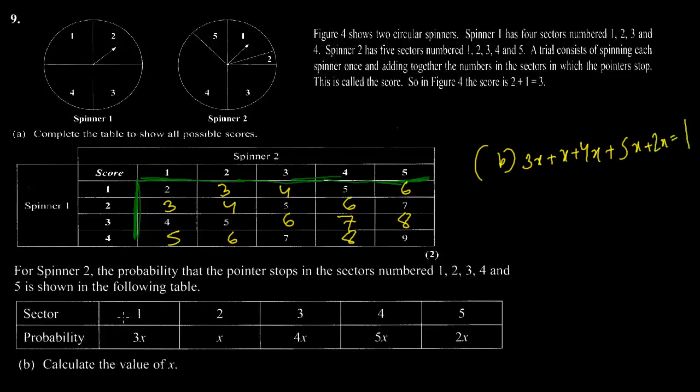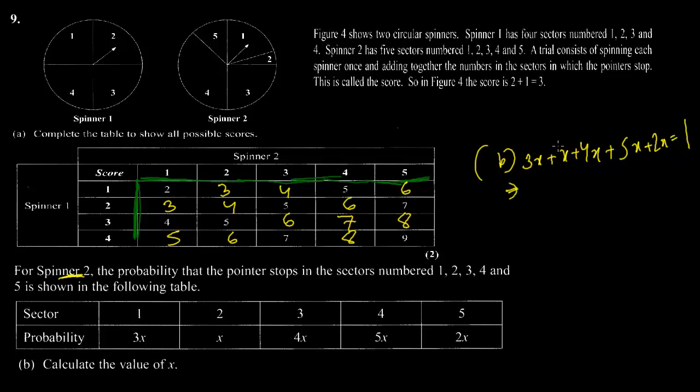Let me repeat. They're saying for spinner 2, the probability of getting a 1 is 3x, a 2 is x, a 3 is 4x, a 4 is 5x, and a 5 is 2x. Then you have to find x. It's easy. You have to remember the total probability is always 1. So you can add it up.